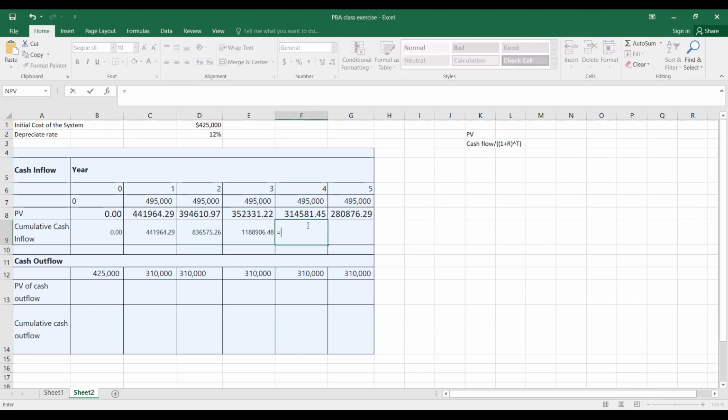For year 4, cumulative cash inflow for year 3 plus the present value for year 4. And finally, for year 5, your cumulative cash inflow for year 4 plus the present value for year 5. So this is your total so far, and I will have this in bold.